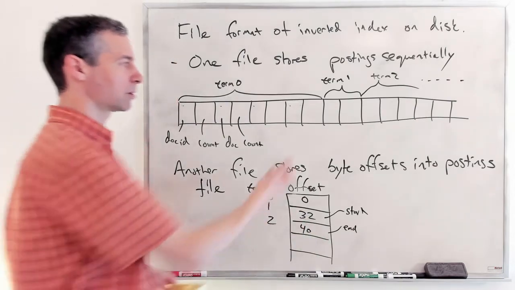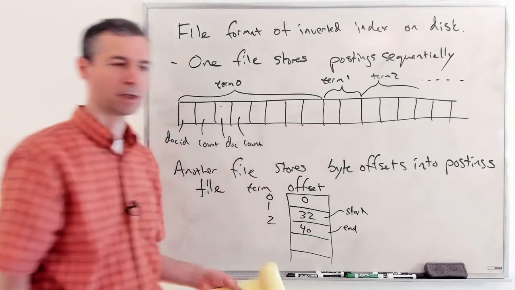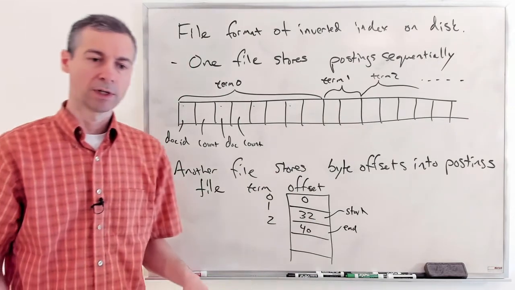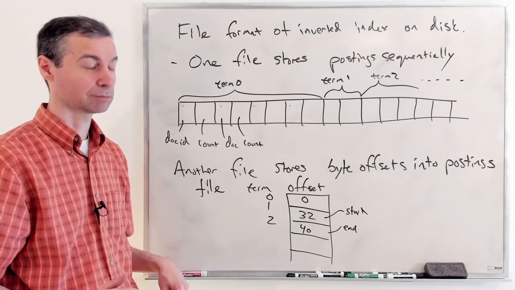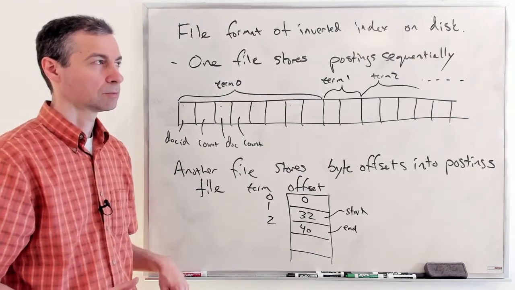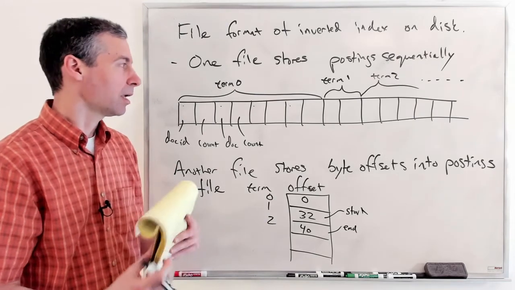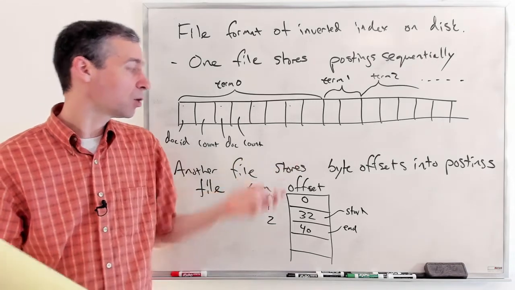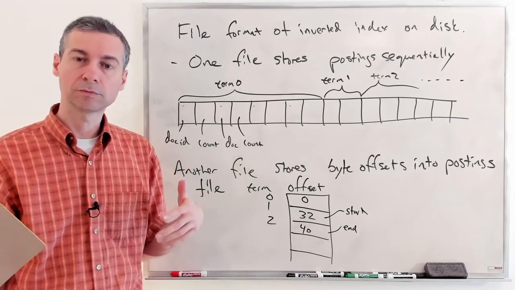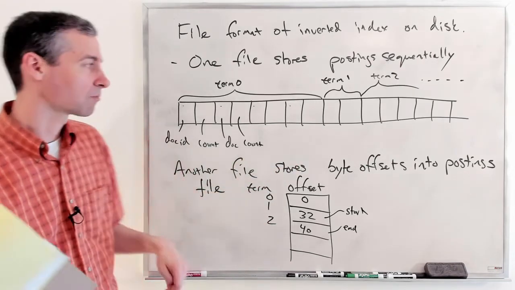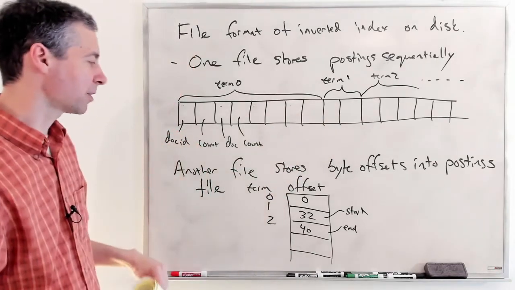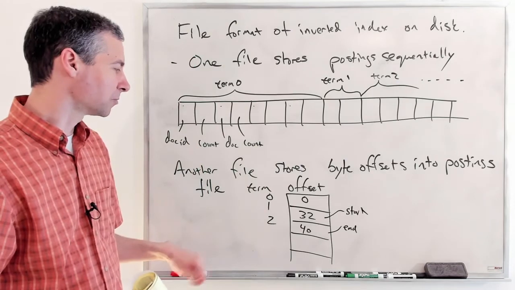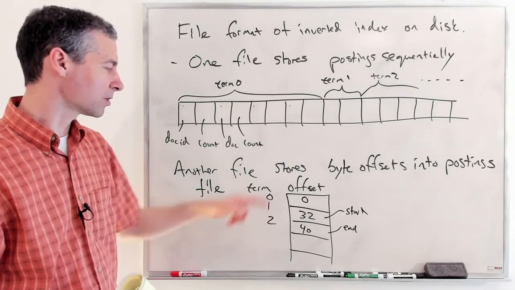I know I've stored them as integers, so all I have to do is divide by 8. And thus I will know how many documents that term was in. All right, and then you can figure everything out. So that's pretty easy. You're like, well, how do I use this when I have a term?